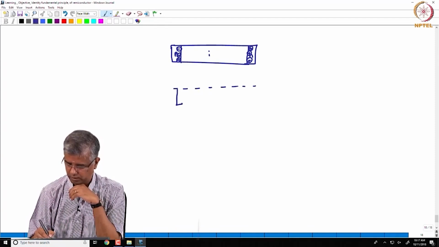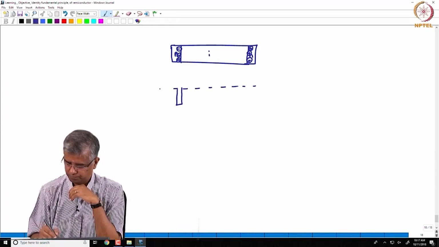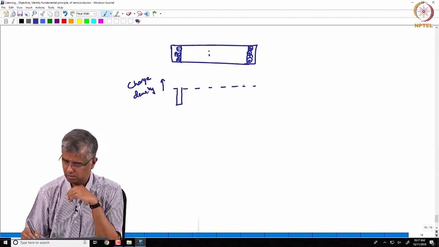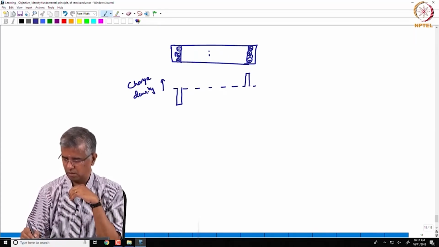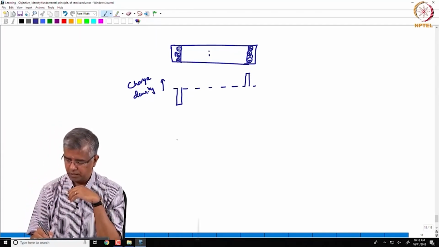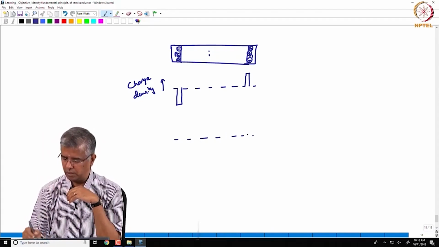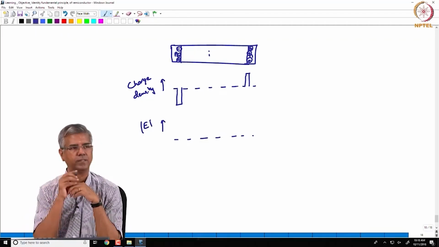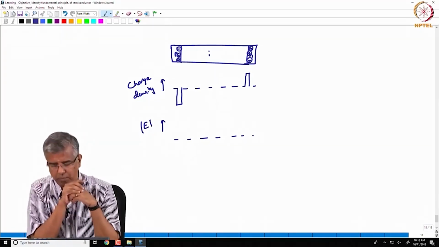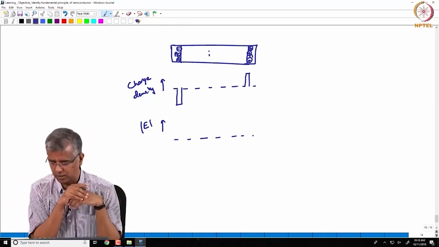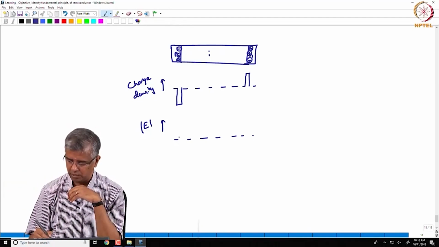So this is the charge density, and you have positive charge density over here. But the key is, what do you see when you look at the magnitude of the electric field?